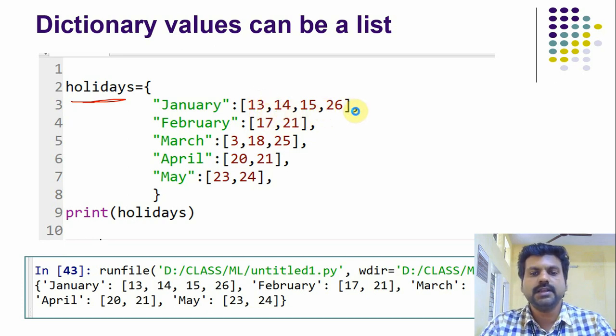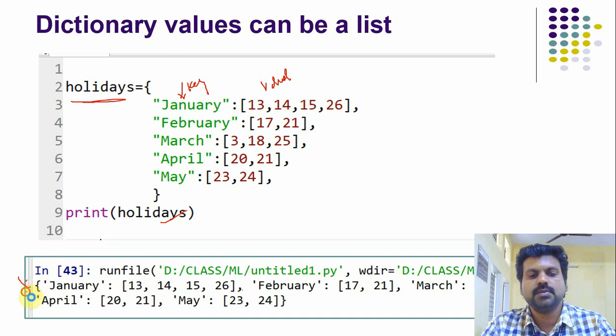These are the holidays in January. So we can create a list as the value for the key. This is the key and this is the value, right? So the value can be a list, and we can store it against a key. When you print, you can see it's exactly like this.